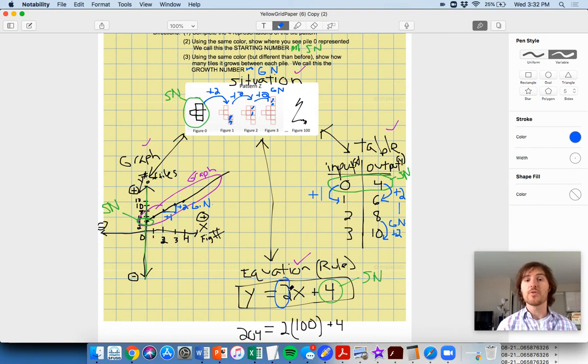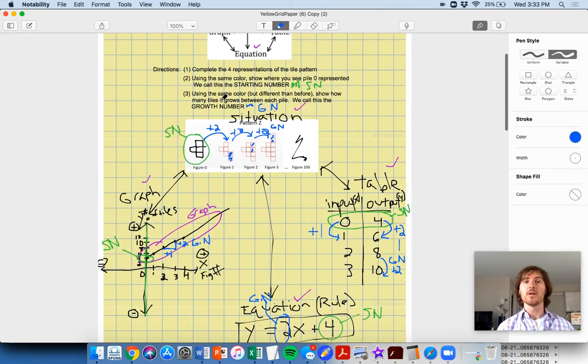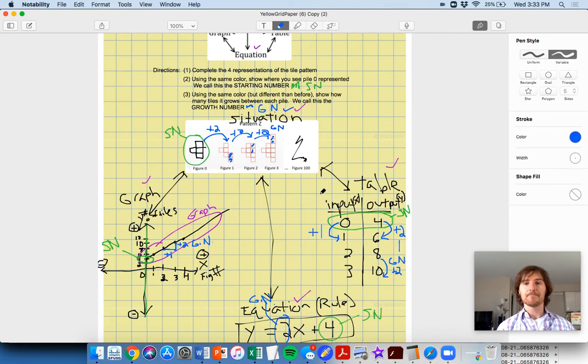The number touching x, the number right in front of x, they're being multiplied to each other. This is our change number right here, or our growth number. We're calling it growth number, GN, right here, okay? And that's how you mark up all of the growth numbers. Here we have a 2, we have a +2 here in our slope triangle, and we have a +2 going from one tile to the next, okay?